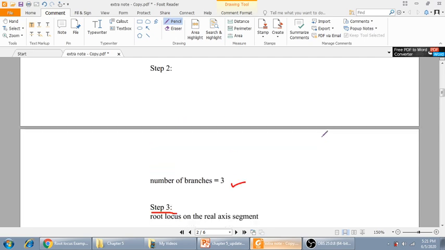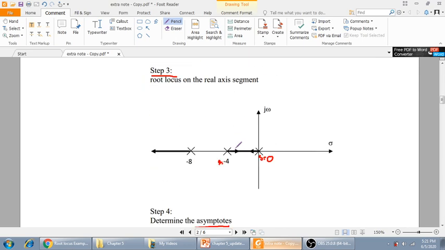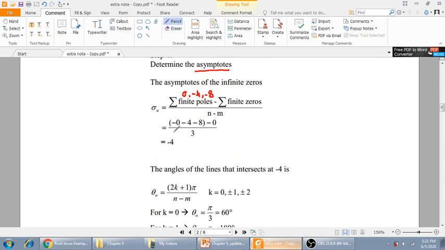You can see here again, these are the poles we got: 0, minus 4 and minus 8. You take the summation of it, which will be 0 minus 4 minus 8.